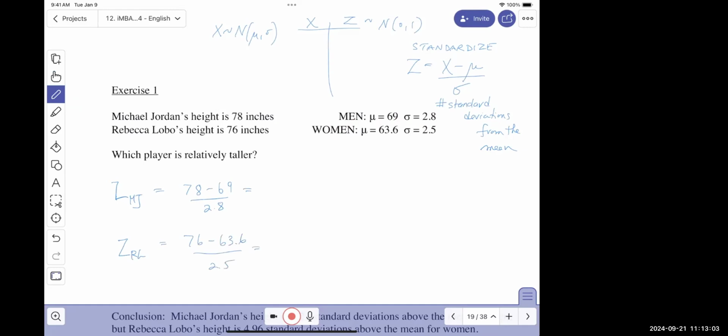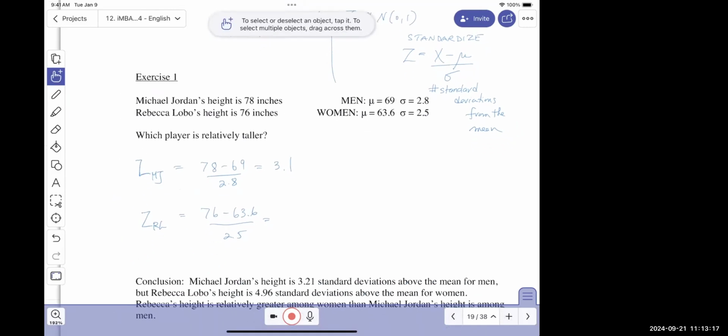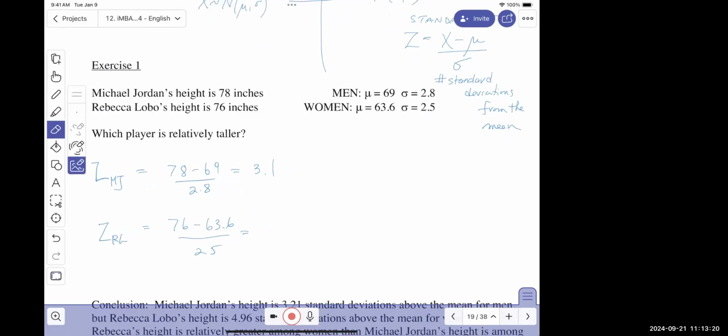Now, when you make that calculation, what do you get? You get 3.21. And 4.96.